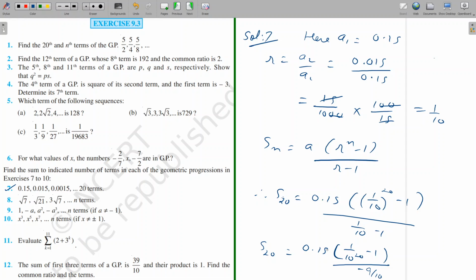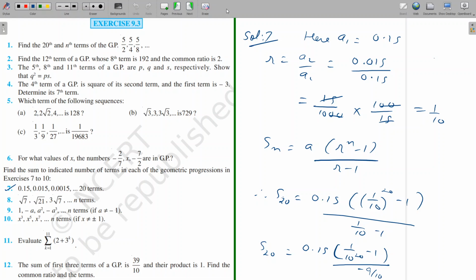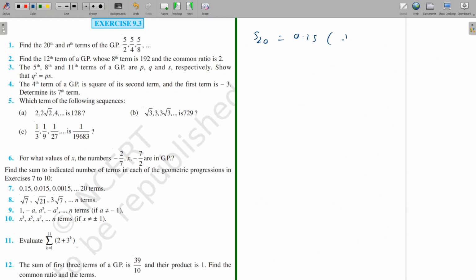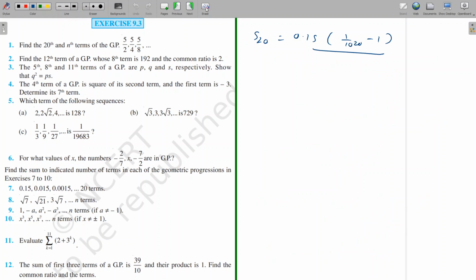Let us write this on the next page. S20 equal to 0.15 into 1 by 10 raised to 20 minus 1, the whole, over minus 9 by 10. And now we will simplify this further.